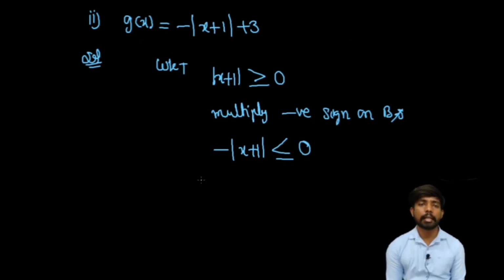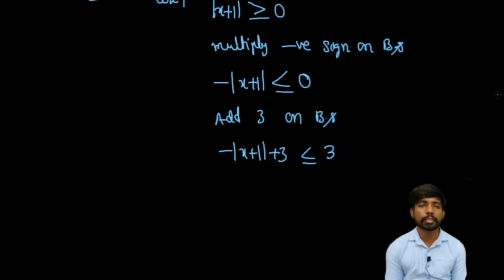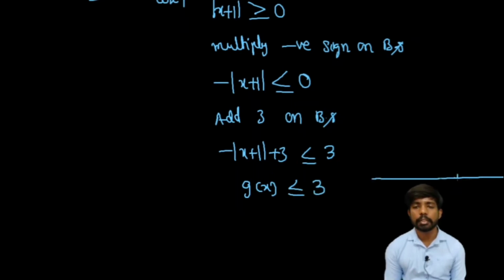Now add 3 on both sides. So minus of mod of x plus 1, plus 3, is less than or equal to 0 plus 3, which is 3. This entire thing is the function g of x, right? So g of x is less than or equal to 3. This means g of x is always less than 3, approaching minus infinity.